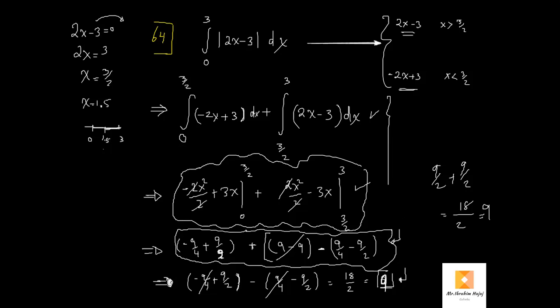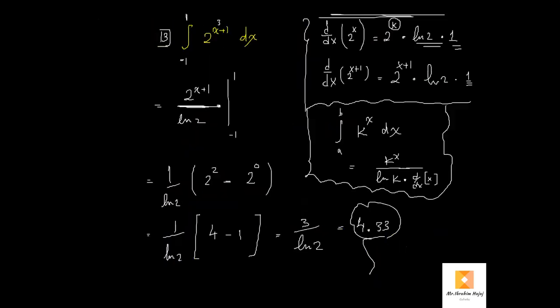Negative 9 over 4 plus 9 over 2 plus 9 minus 9 minus 9 over 4 minus 9 over 2, and the answer comes out 4.5. I also got 4.5. Okay, so here it's not correct. Okay, next one.